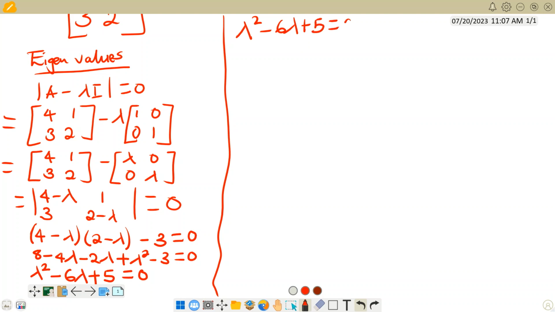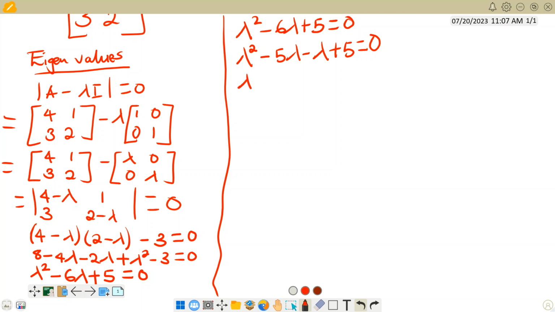We are saying this should be equal to 0. So therefore this should be lambda squared minus 5 lambda minus lambda plus 5 is equal to 0. Remember, factorization method: we have to look for two numbers which, when we multiply them, we get 5, and when we add them we get minus 6.